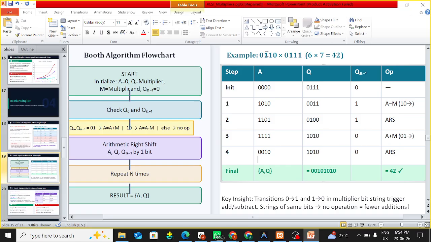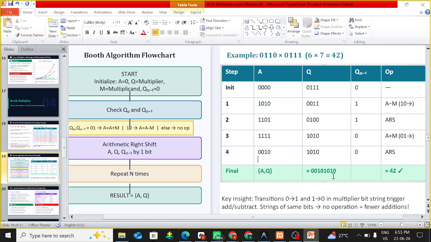Now you know 0110 is 6, 0111 is 7. Just do decimal multiplication. If you do decimal multiplication, 6 into 7 will become 42. Now check this value. In binary, what does each bit define?